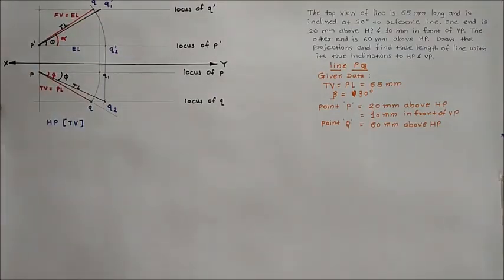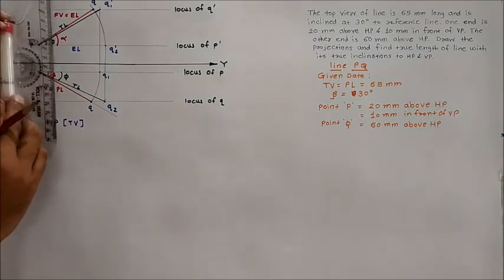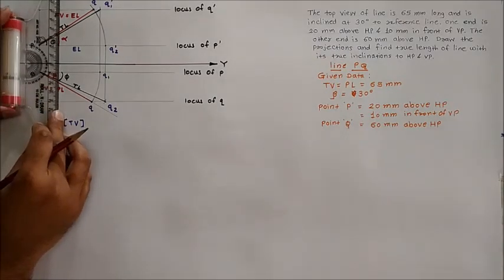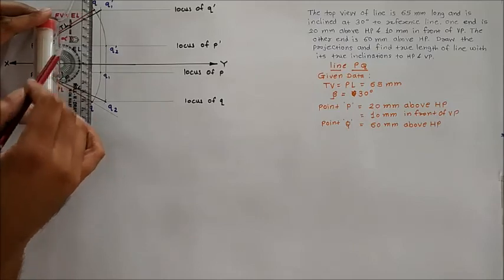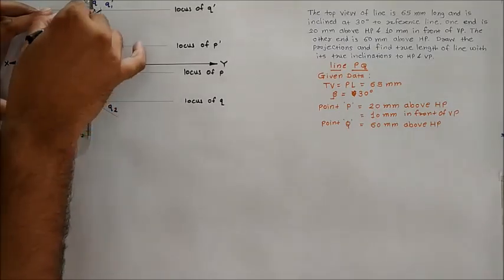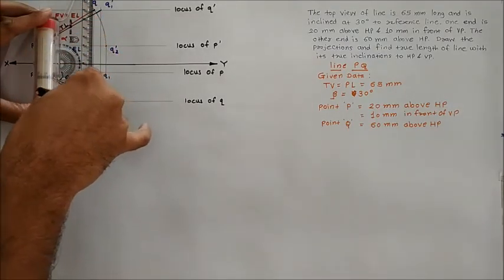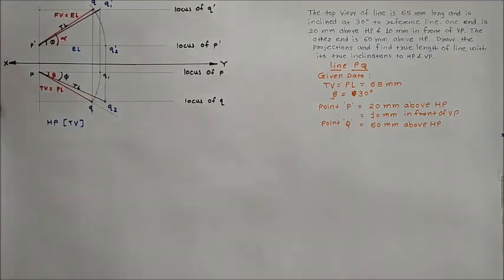Now for checking this drawing, draw the end projector which passes through this Q dash, and that end projector should be perpendicular to the XY and should pass through the point Q in the top view.